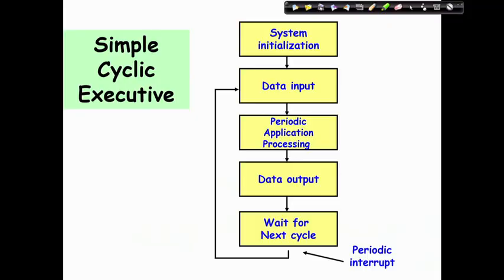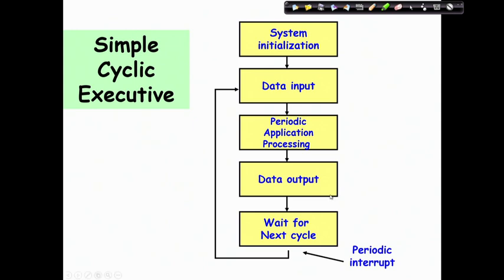The Cyclic Executives are the simplest real time operating systems. These are run on very simple embedded applications, where there is a severe constraint on the processor capabilities, maybe a 4-bit or 8-bit processor, and the memory is very less.